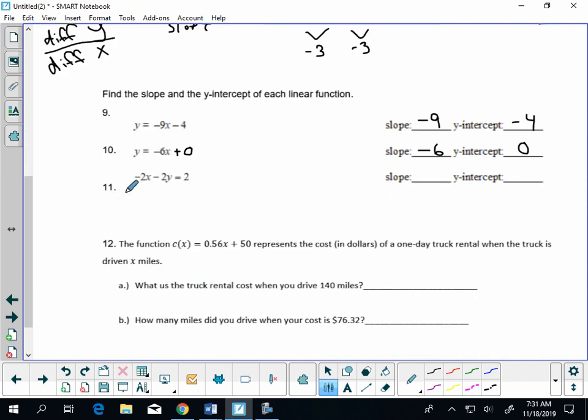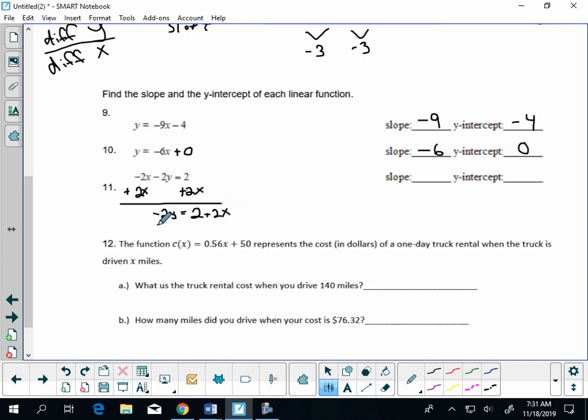On number 11, that's not written in slope-intercept form, so we're going to have to put it in slope-intercept form. So I'm going to add 2x to both sides. And when I do that, I get negative 2y equals 2 plus 2x.